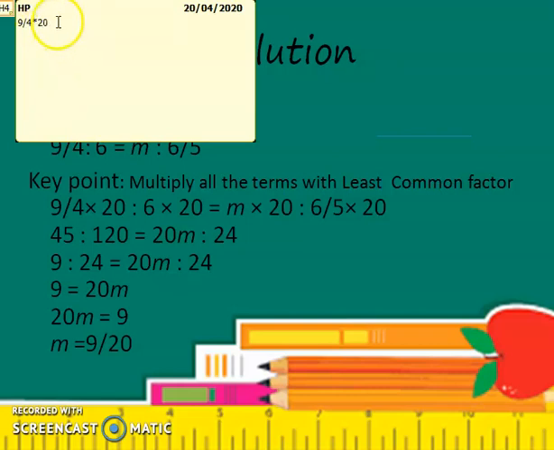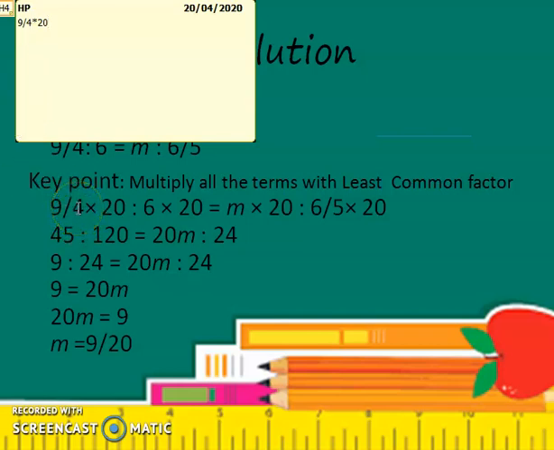This 20 is multiplied with the numerator 9, and it has to be divided by the denominator.